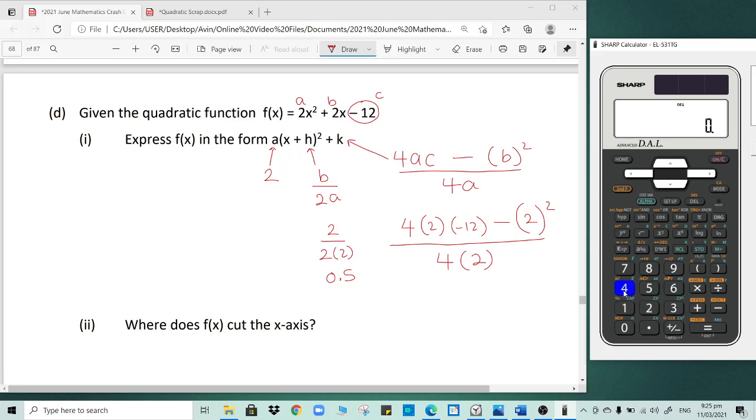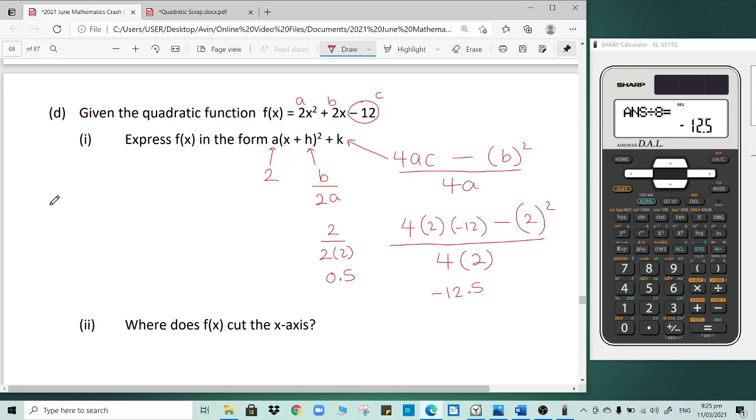So let's work out the top. 4 by 2 by minus 12 minus, open brackets 2 close brackets squared. When we work out the top, we get minus 100, divided by 8, because 4 by 2 is 8. So over here we get minus 12.5. So that's our value of k.